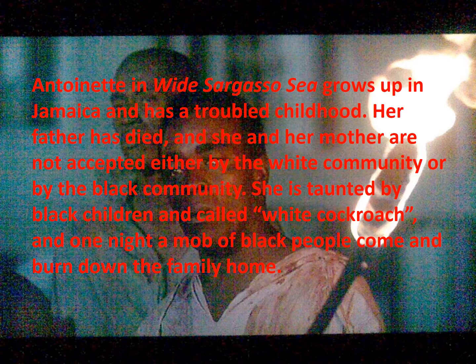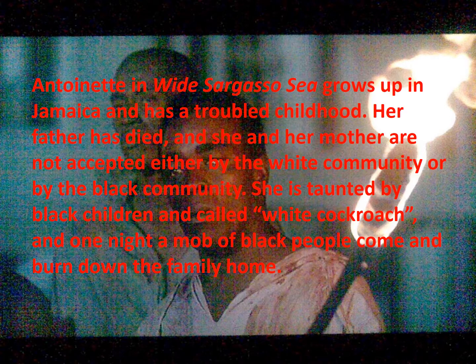Antoinette is growing up in Jamaica. She has a troubled childhood. Her father's died. She and her mother are not accepted by the white community or by the black community. She's taunted by the black children. She's called a white cockroach. And one night, a mob of black people come and burn down her house.